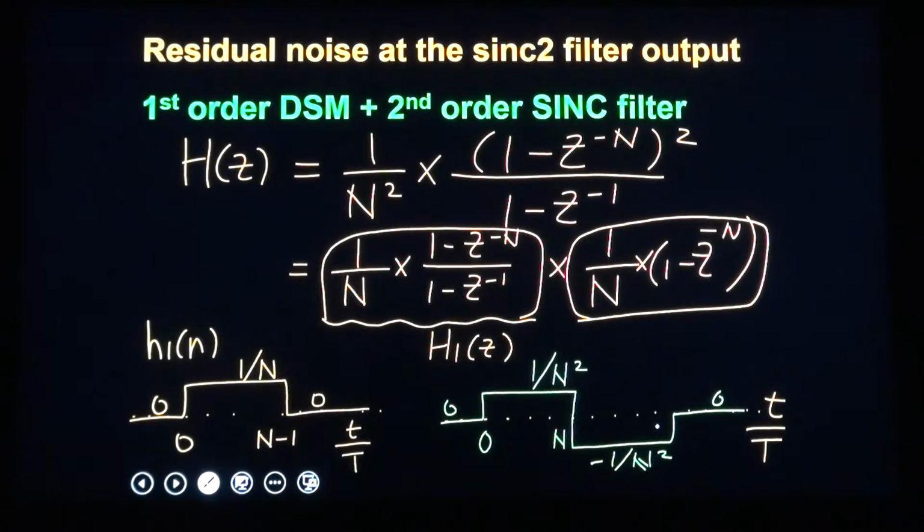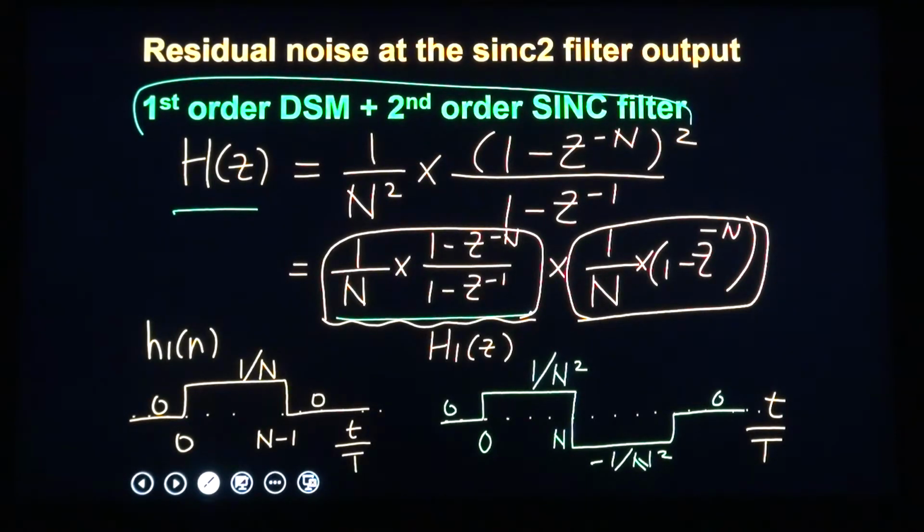The transfer function of the total circuit is 1 over n squared, (1 minus z to the minus n) squared divided by (1 minus z to the minus 1). We can divide this into H1(z) times 1 over n, (1 minus z to the minus n) over (1 minus z to the minus 1).